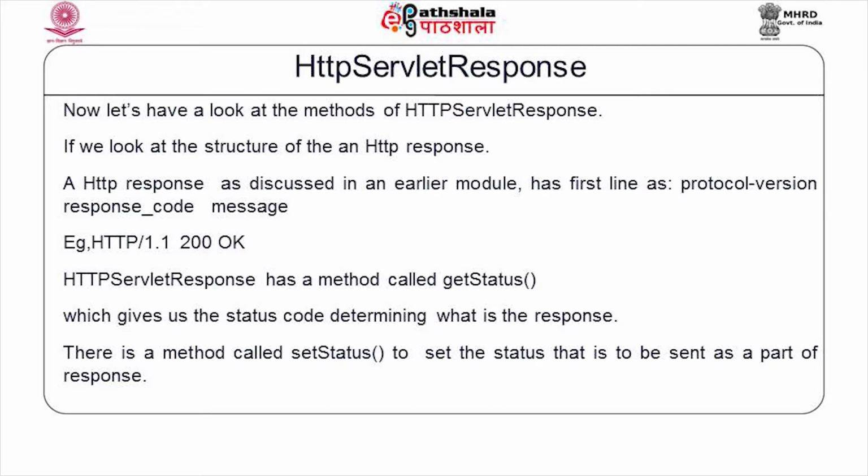Looking at the HTTP response, the first line specifies the protocol version, and immediately following the protocol version is the response code, the 3-digit code, fine. I think in the HTTP protocol we already discussed the meanings corresponding to the 3-digit codes.